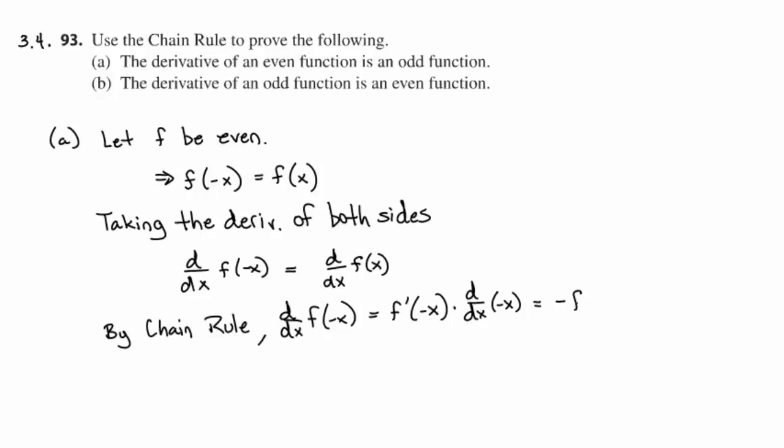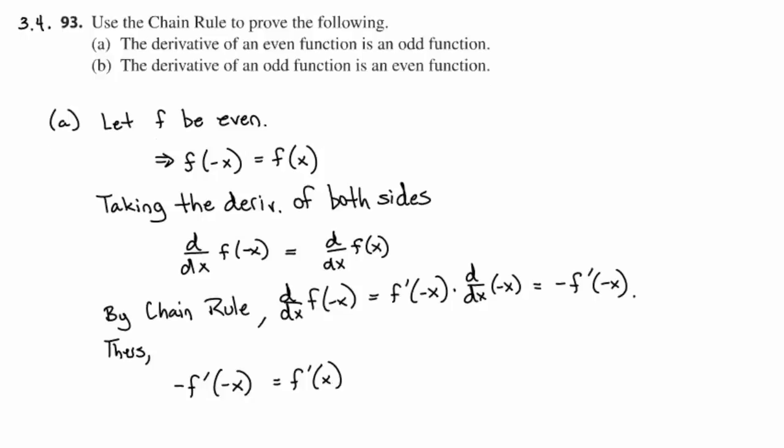So negative f prime of negative x. Thus the left-hand side can be rewritten as negative f prime of negative x. The right-hand side is just f prime of x.